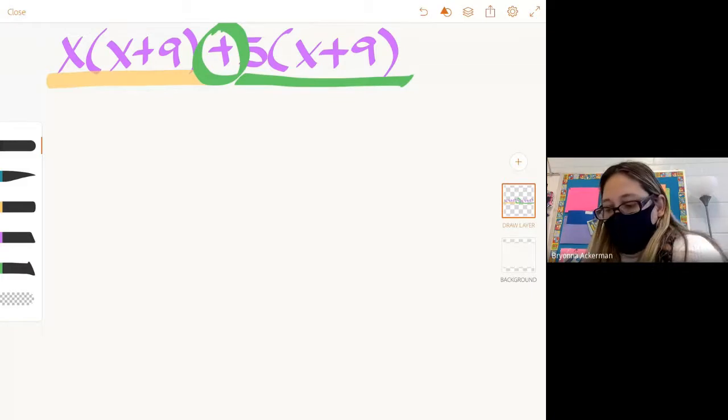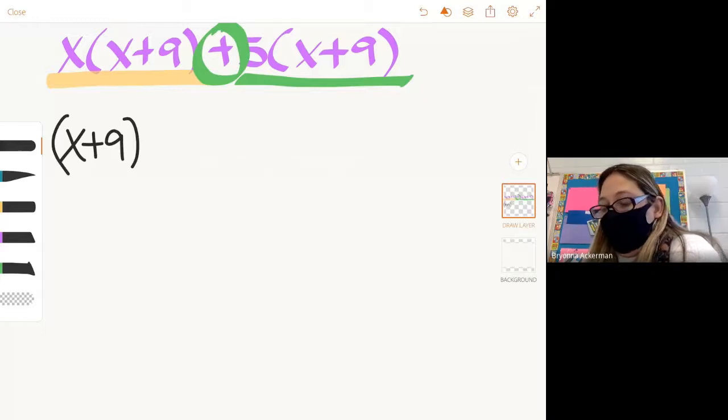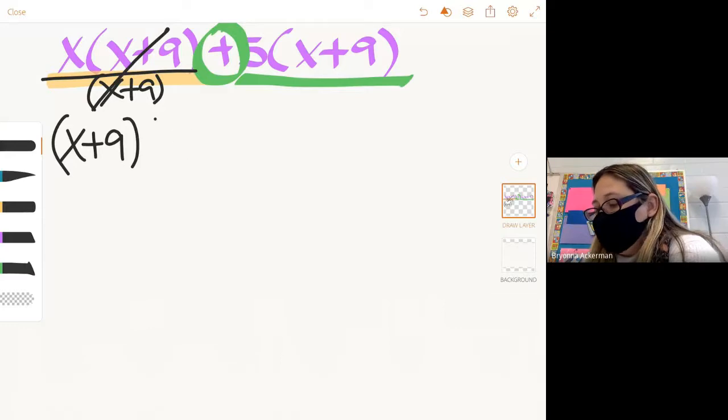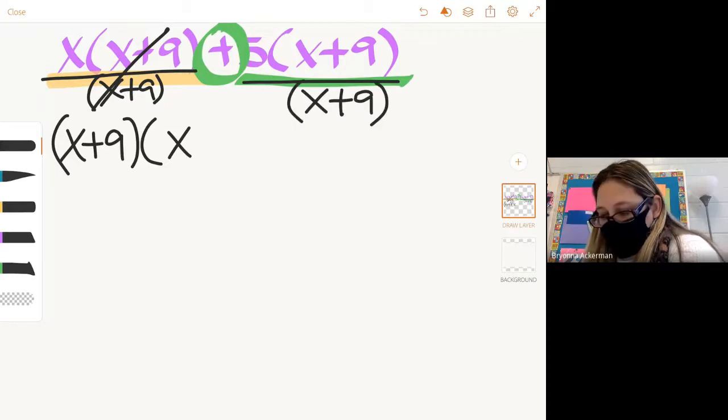It's kind of weird, but I can take x plus 9 out of each of these. And so if I take this and I do x plus 9, what's left? X. And if I do the same thing over here, what's left? 5.